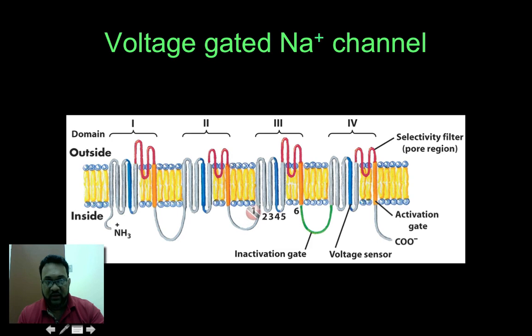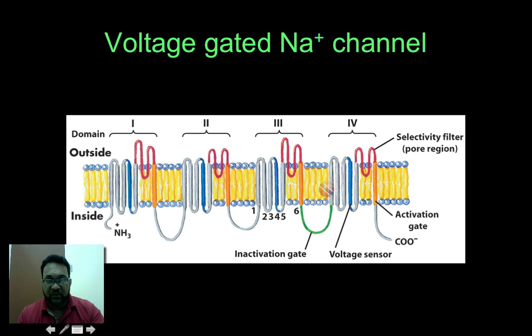And if you look here, they numbered it for you, one of them. So you see 1, 2, 3, 4, 5, 6. 6 helices in each domain. Now, if you look here as well, they have color-coded some of these helices and some of these segments that join helices. And that's very important.